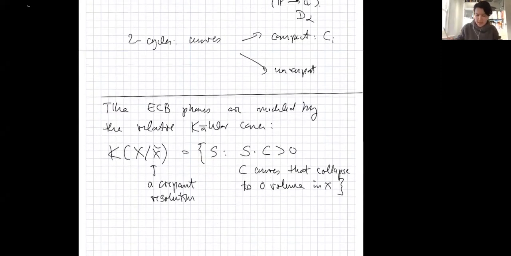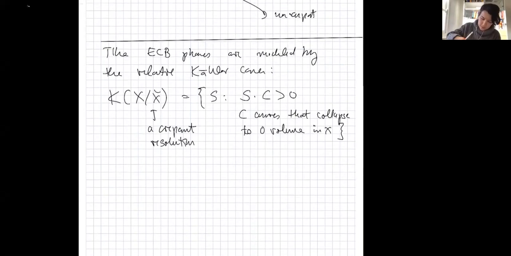The key is that they're curves that collapse to zero volume. We're not interested in curves that just stay at finite volume, but only in the curves that collapse and then take intersections with these. And we want these to be positive. That's why it's the relative Kähler cone. And this is what will be playing the role of the Coulomb branch phases that we're discussing.